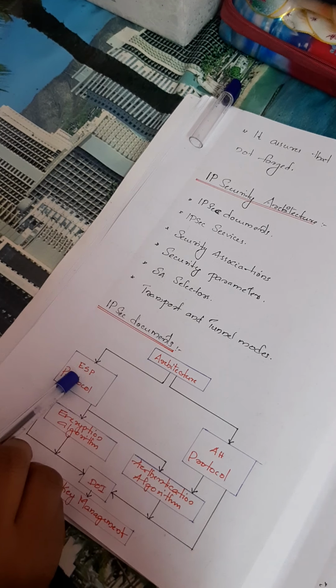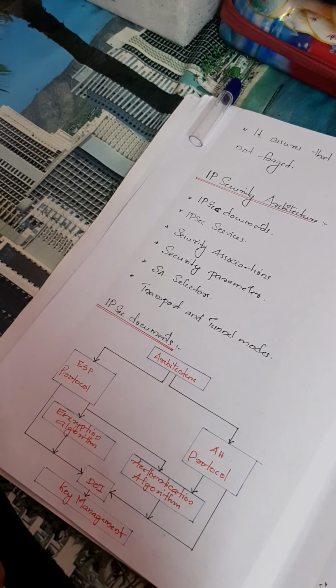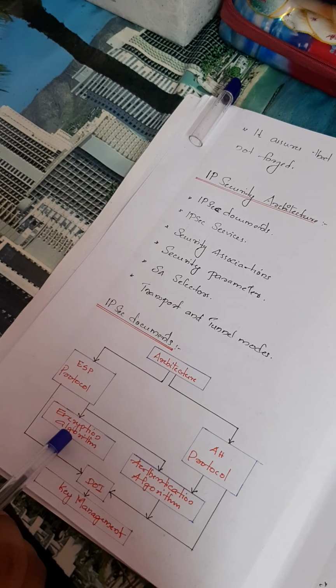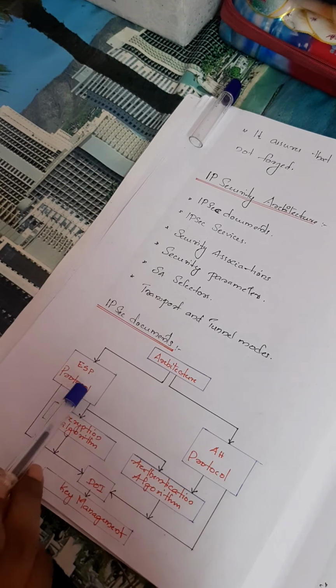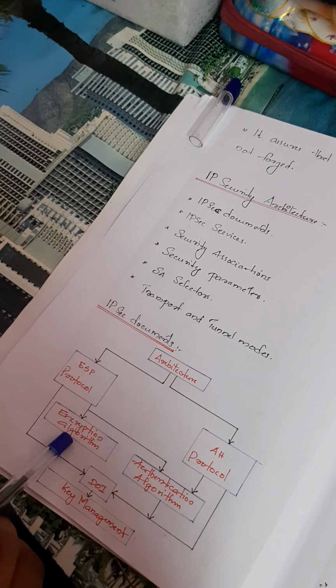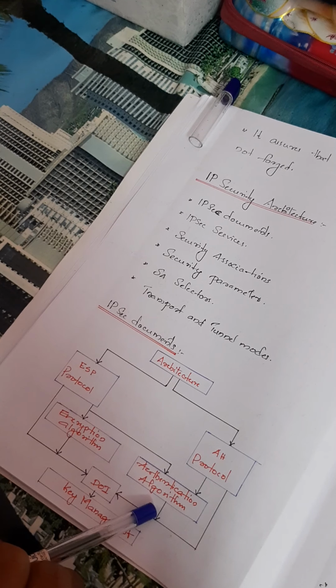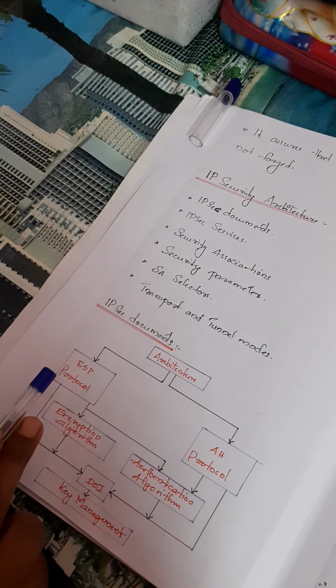ESP means encapsulating security payload, and AH is authentication header protocol. So this ESP provides confidentiality. Encryption means confidentiality. This ESP provides confidentiality and optionally authentication, and AH provides authentication.